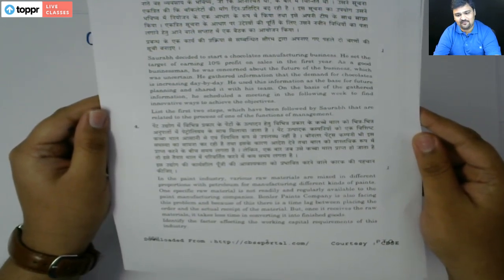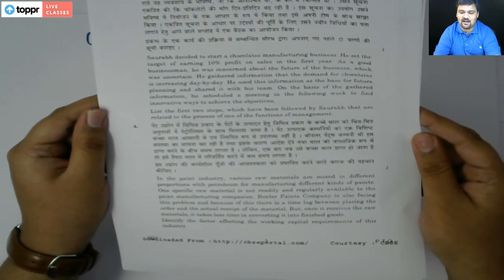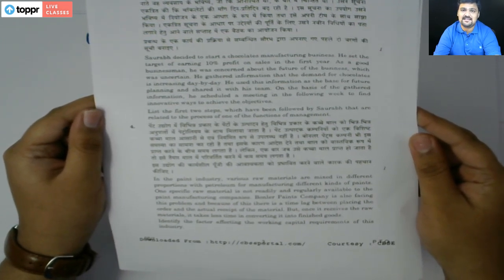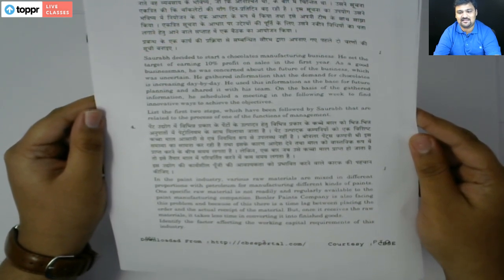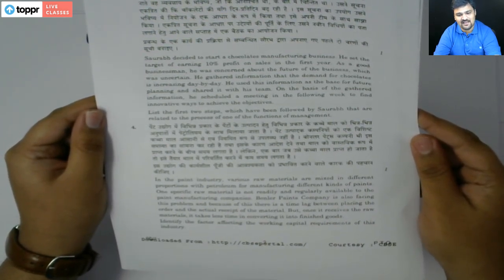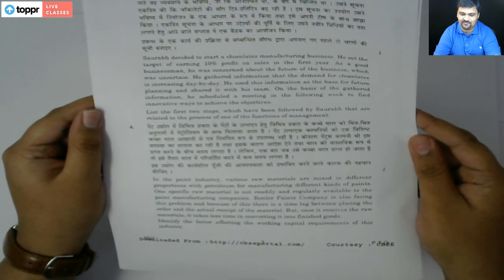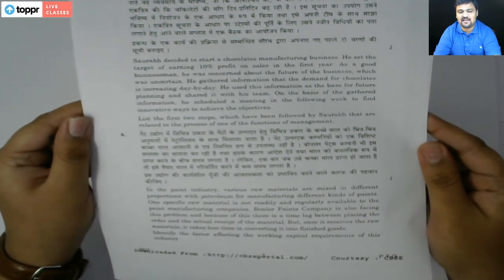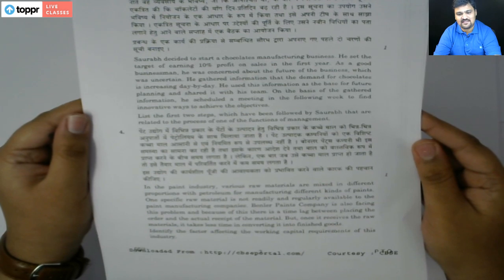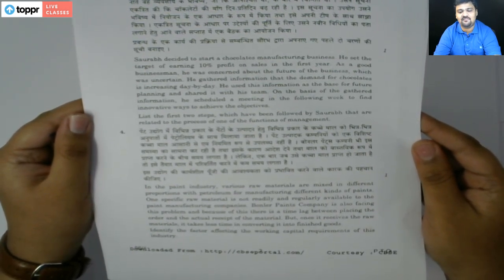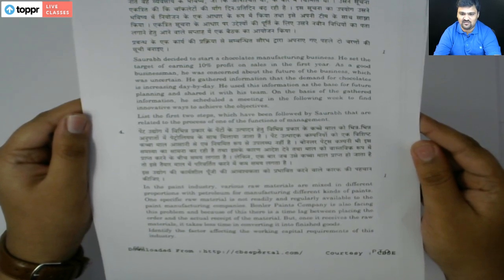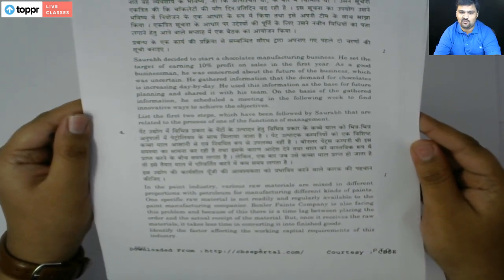He gathered information that demand for chocolates is increasing day by day. He used this information as the base for future planning and shared it with his team. On the basis of the gathered information, he scheduled a meeting in the following week to find innovative ways to achieve the objectives. This is the situation given to us.